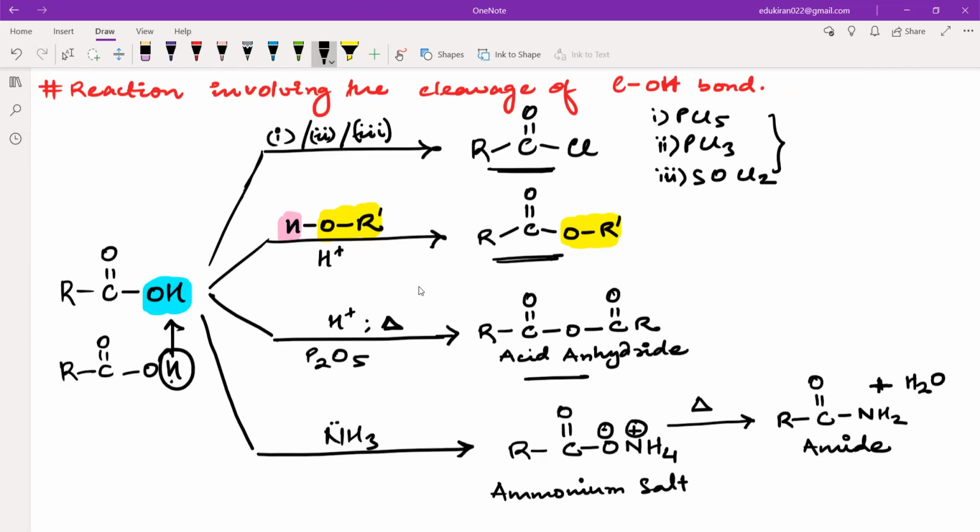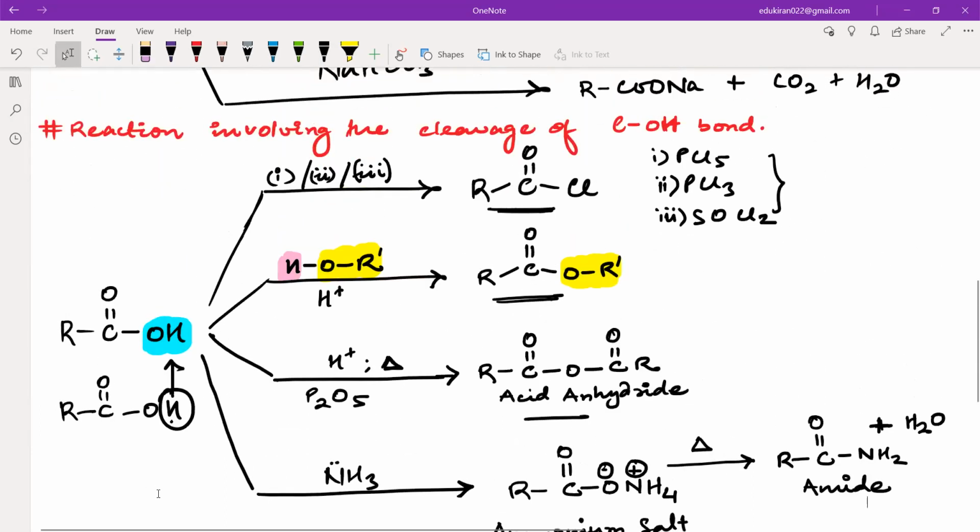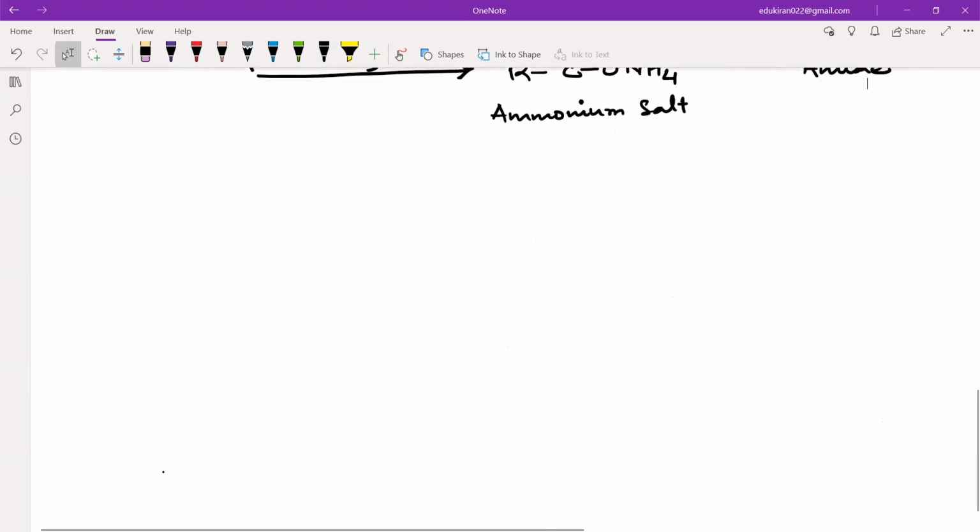Okay. Now, this is important, that is the esterification reaction is important, and we'll be looking at the rates of different esterification reactions involving different alcohols and different carboxylic acids. So if I look at these two molecules, we have R, C double bond O, and here we have OH, plus we have H2O.